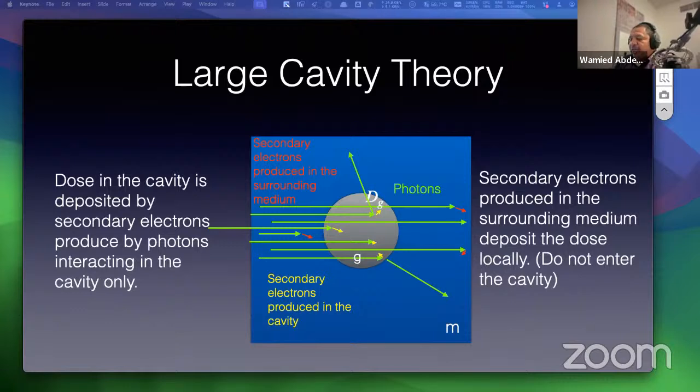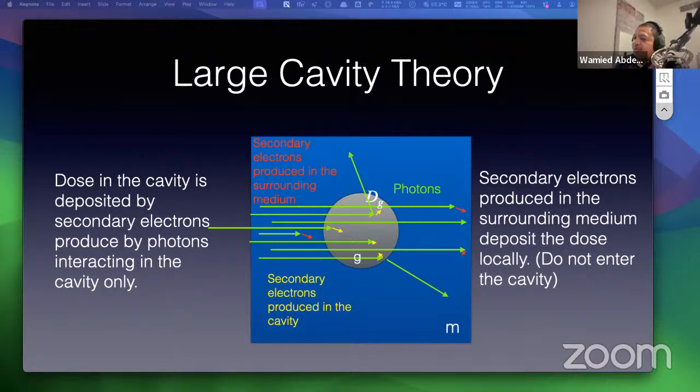If the cavity does not perturb the fluence, meaning that the fluence of photons at that point of interest is equal to the fluence of photons within the cavity, then we can apply the large cavity theory.